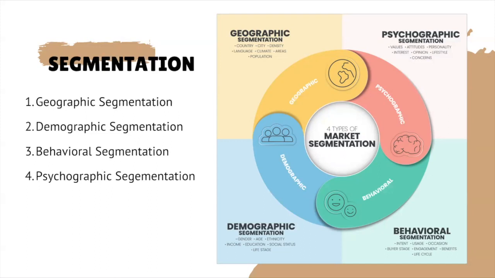What country, what city, how many people are there, what language do they speak, all stuff like that. Next up, we have demographic segmentation. This is a bit more in depth. It covers age, gender, income level, education, marital status, occupation, and more things like that. What type of person, basically, or what state of person is the person that you're marketing towards.